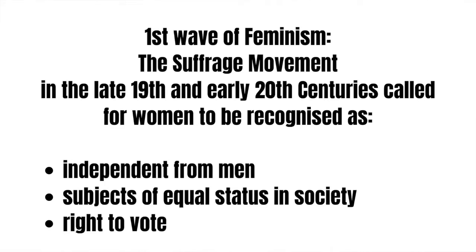movement during the late 19th and early 20th centuries, which demanded basic rights for women, recognizing them as independent from men and as subjects of equal status in society, and specifically the right to vote.